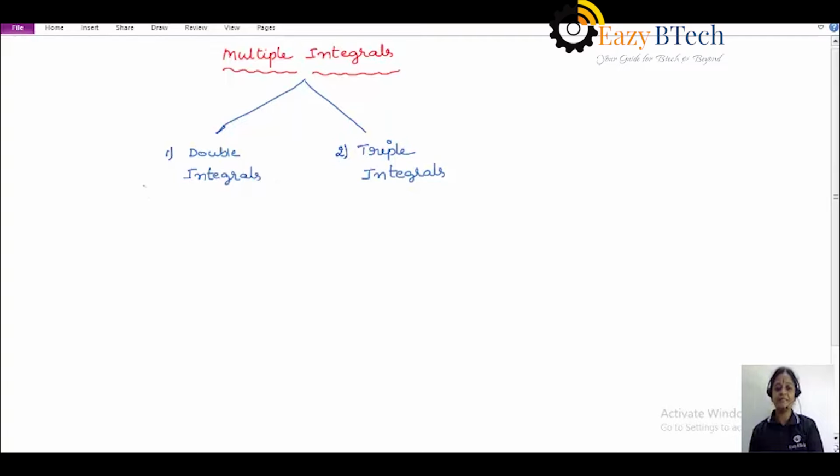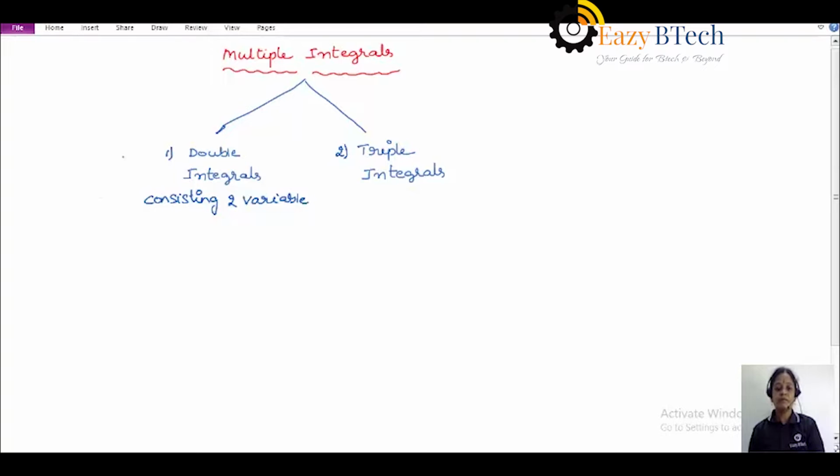A double integral means the integral function consists of two variables. In general integration, which you learnt in lower sections, there is only one variable.